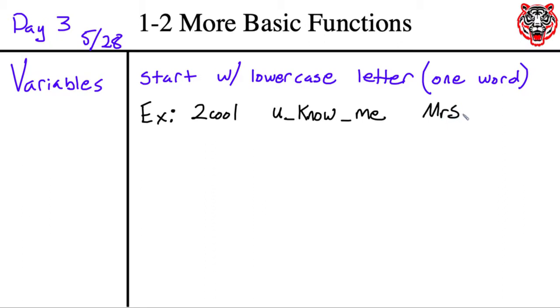Mr. Sindel, all one word. All right. You are going to tell me which one is a variable, which one is not an example of a variable. Are there quiet raised hands?